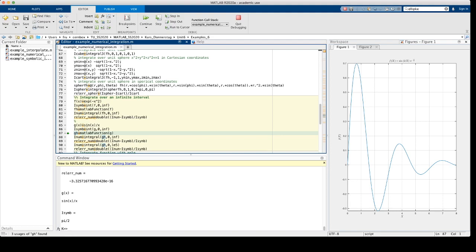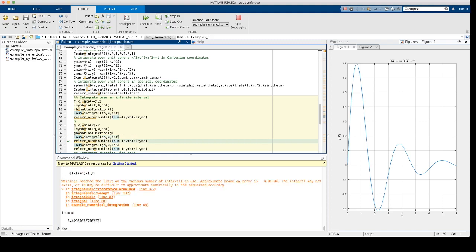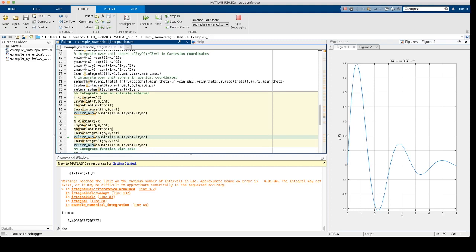If we convert this to a function handle, gh, we can again invoke integral to get a numerical approximation, which gives a warning. Obviously, this does not work very well.